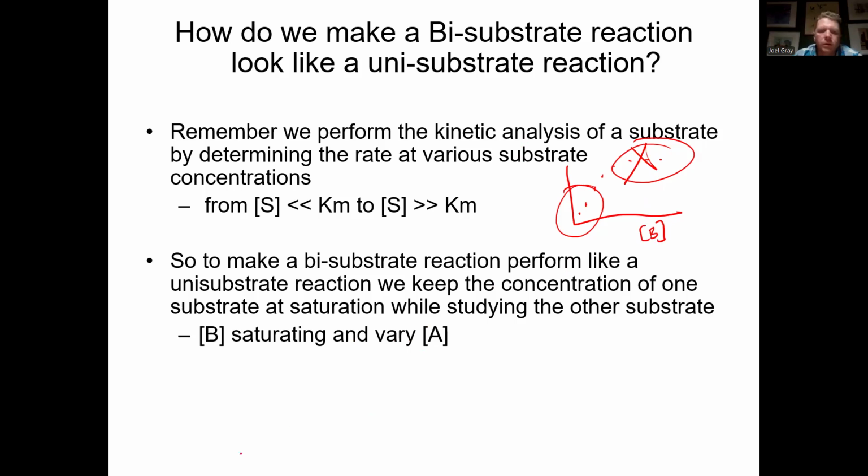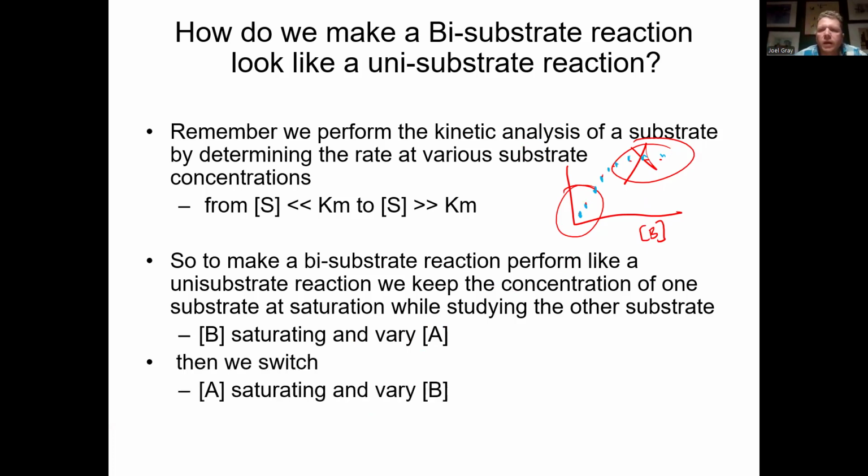And then I'm going to change colors here. We're going to use A at low concentrations, and we're going to gradually increase the concentration. We're going to continue increasing the concentration until our reaction doesn't do anything new. And then we're going to switch.